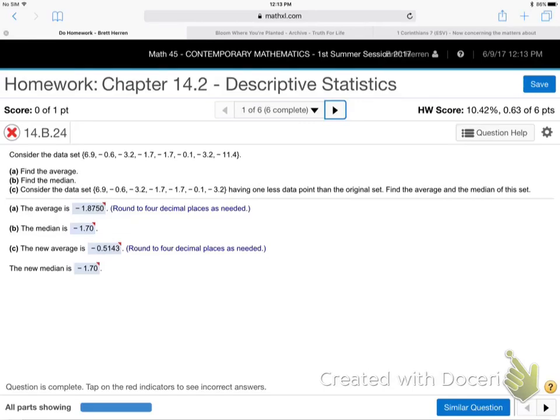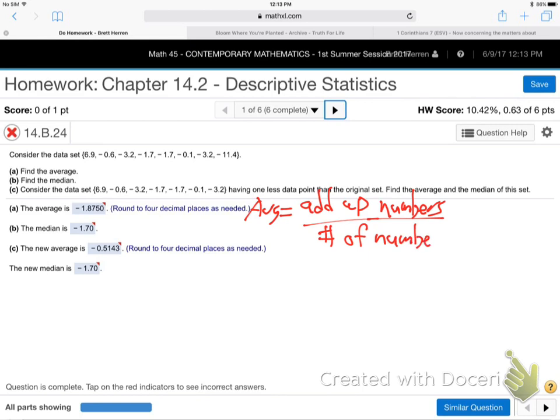Okay, so average equals add up the numbers, divided by the number of numbers, right?